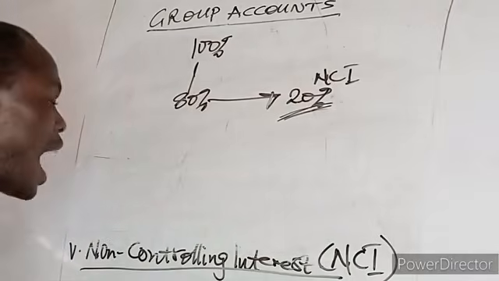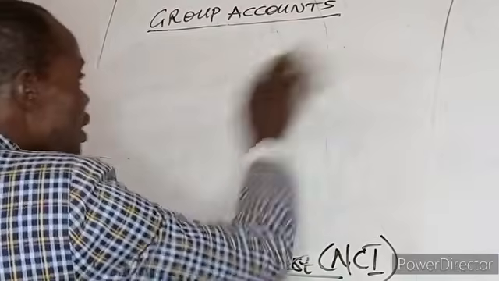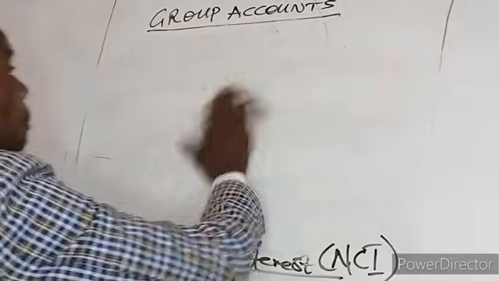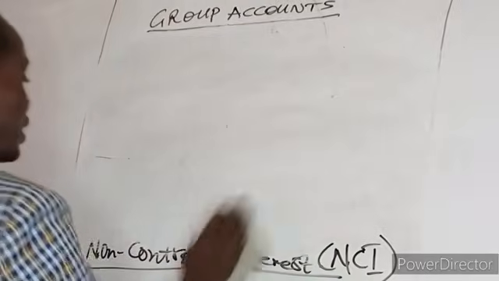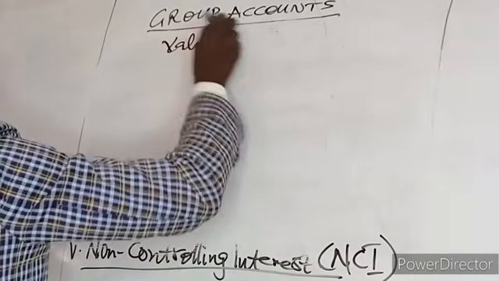In accordance with IFRS 3, we have two ways of valuing non-controlling interest.